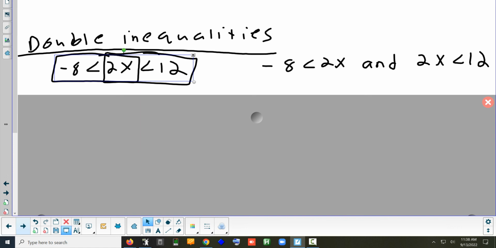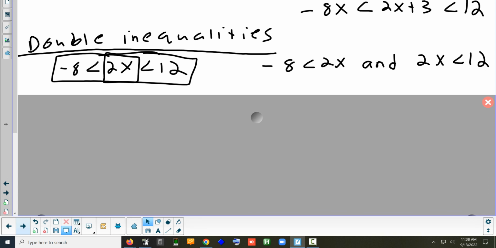So you might be thinking, well, how could you have a problem where you can't easily get x alone? If you start getting x's in more than one spot, like -8x is less than 2x plus 3, which is less than 12. Well, the problem with that is you could say, all right, I want to subtract 3 from everything, and then I'll divide everything by 2. But you're still going to end up with x's in these 2 spots.